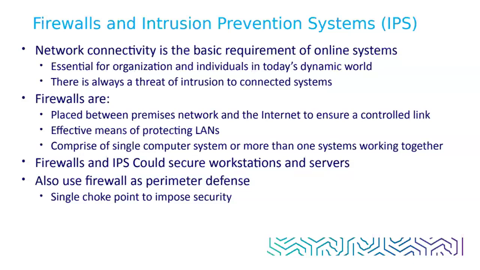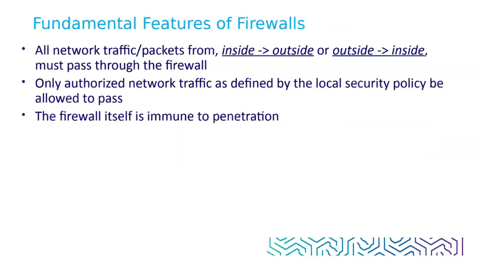See, that is why I'm telling you, firewalls and intrusion prevention systems are essential components of modern network security. A firewall acts as the first line of defense by controlling which network traffic is allowed to enter or leave an organization. A firewall is not simply a device that blocks traffic.